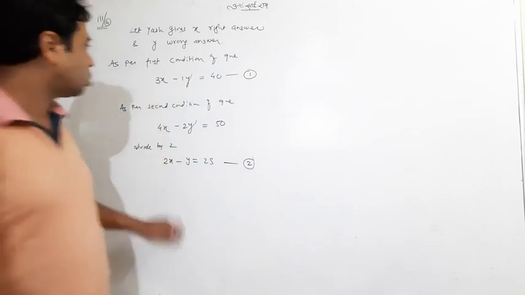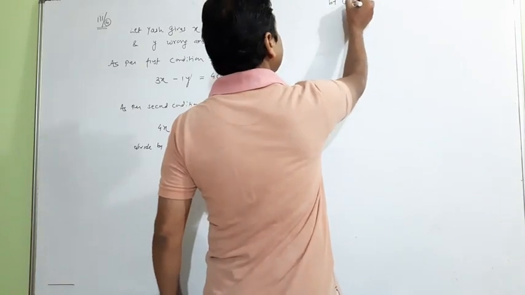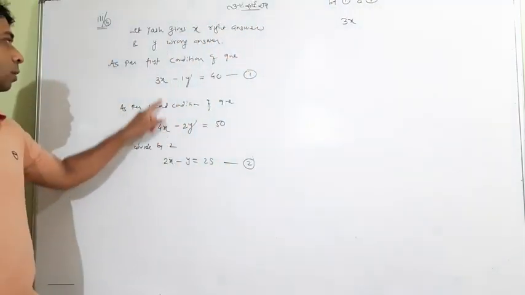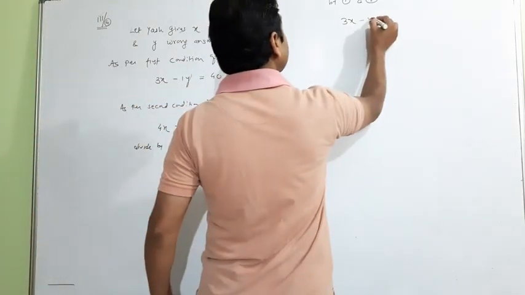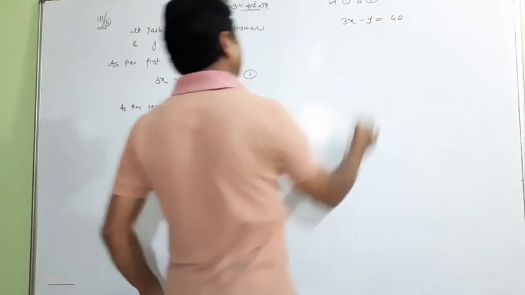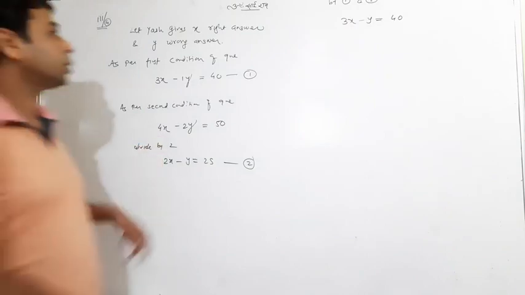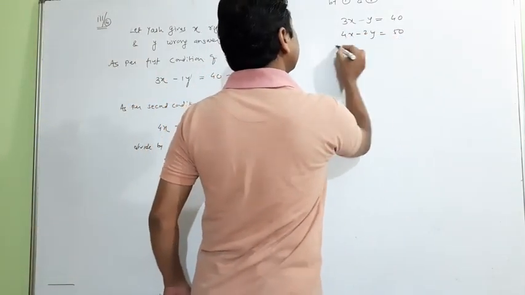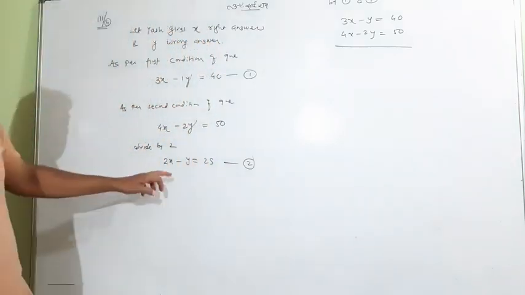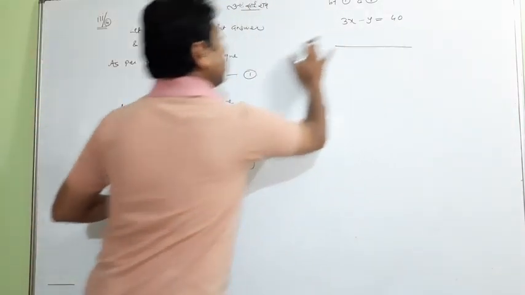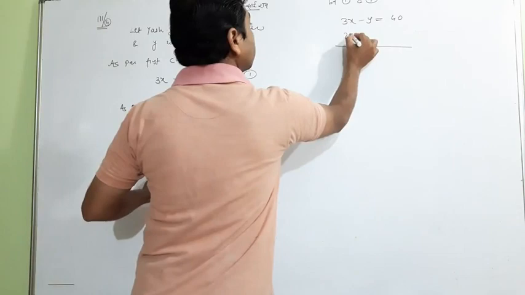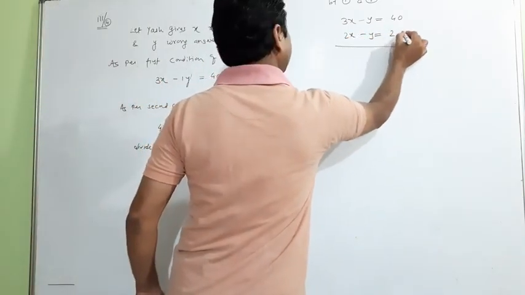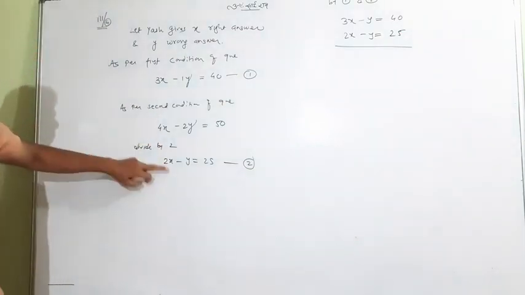Now you can take these two, one below the other, 1 and 2. First 3x minus y is equal to 40, and the other is 4x minus 2y is equal to 50, which reduces to 2x minus y is equal to 25. So these two equations I have written here.